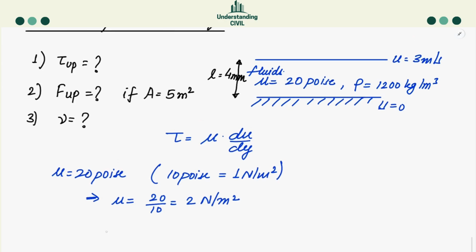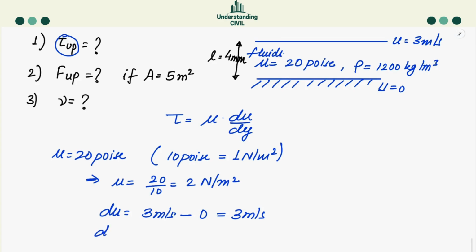I've got the value of mu. What is the change in velocity? I'm being asked du. The change in velocity is with respect to the stationary plate. The velocity at the upper plate is 3 meter per second minus the stationary plate, which is 0. So du is 3 meter per second and the distance between the plates, dy, is equal to 4 mm. I have to convert it into meters, so 4 into 10 raised to the power minus 3 meter.